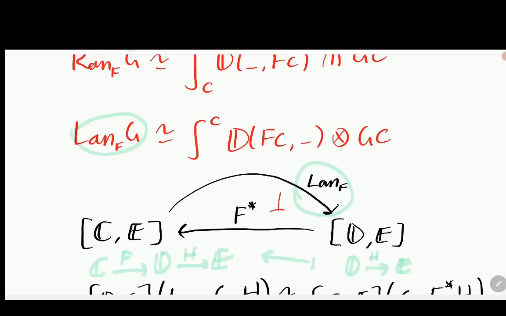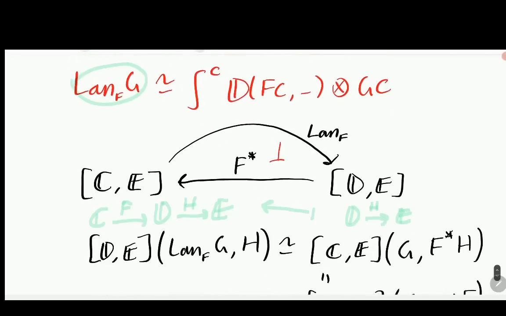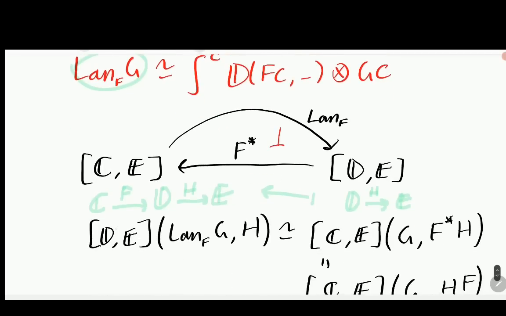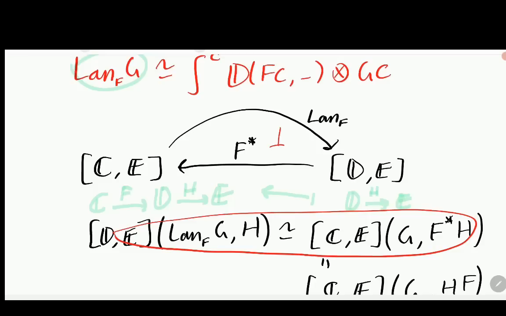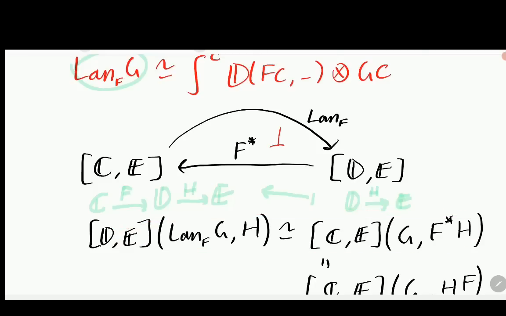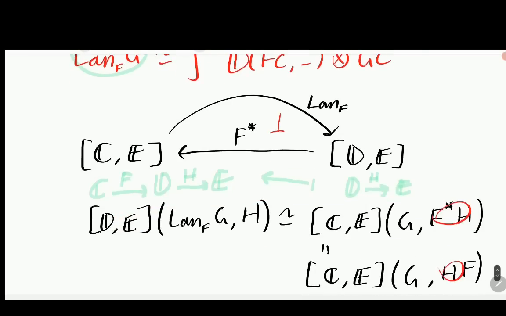It follows then from the fact that we have this adjunction that we have this type of natural isomorphism, and we can rewrite this over here like this.